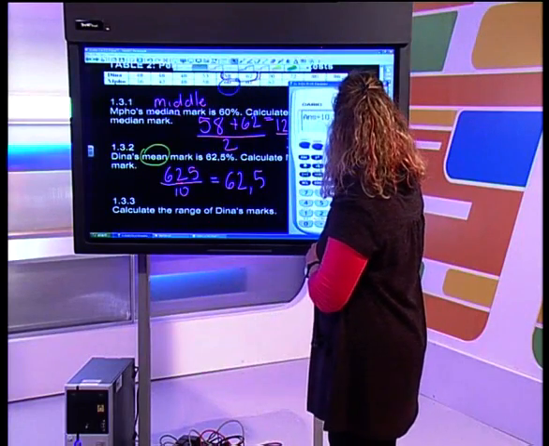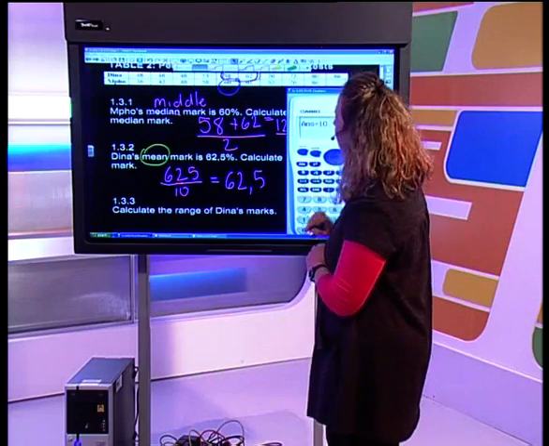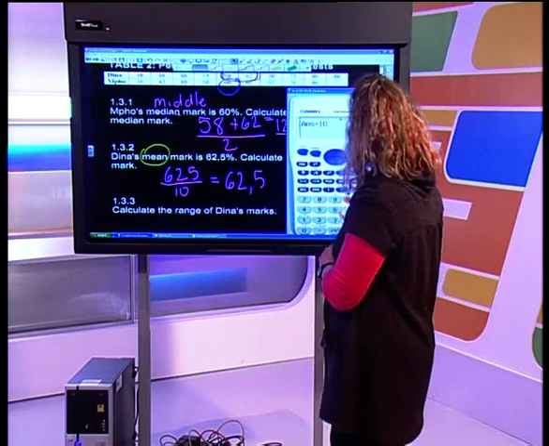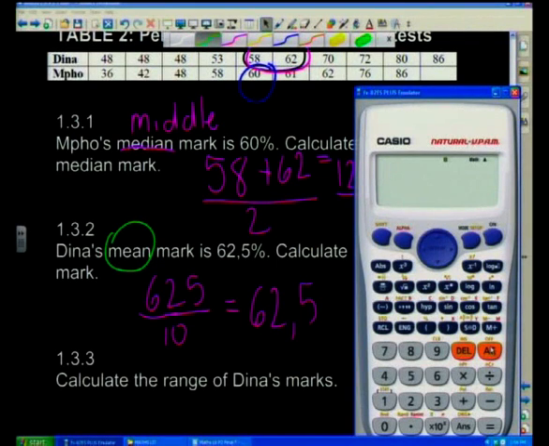Let's first clear. 36 plus 42 plus 48 plus 58 plus 60 plus 61 plus 62 plus 76 plus 86. Don't forget, at this point we need to push equals, and that gives us 529.